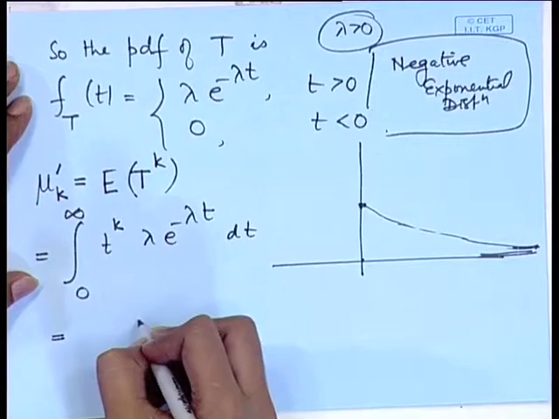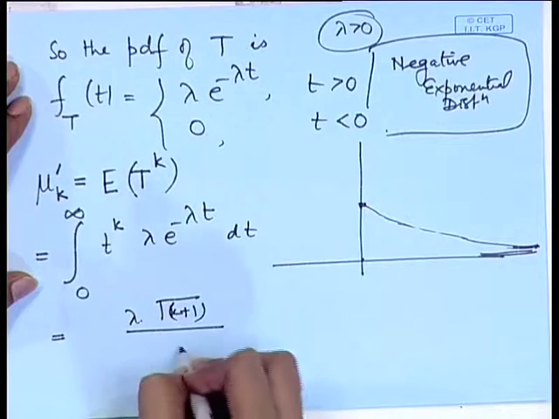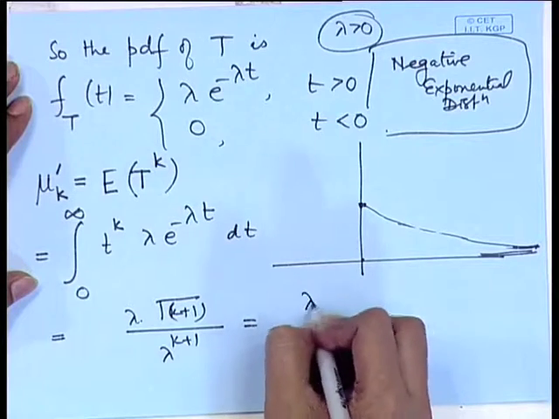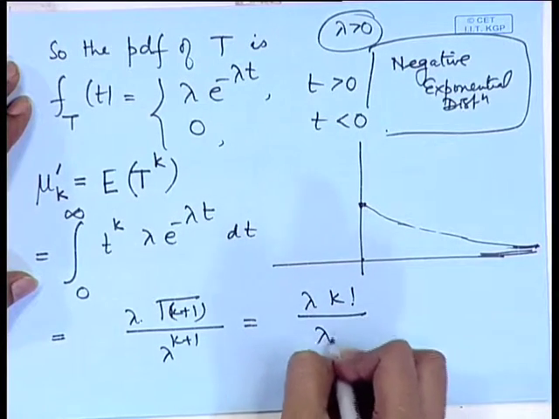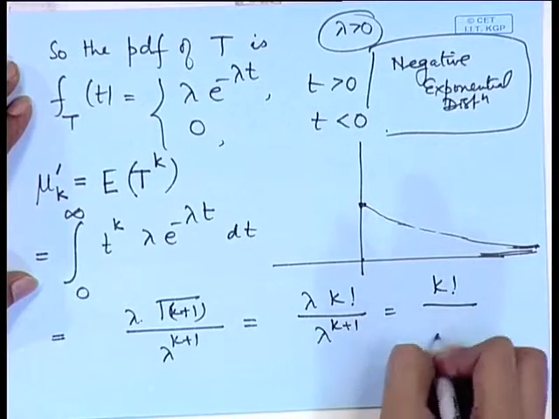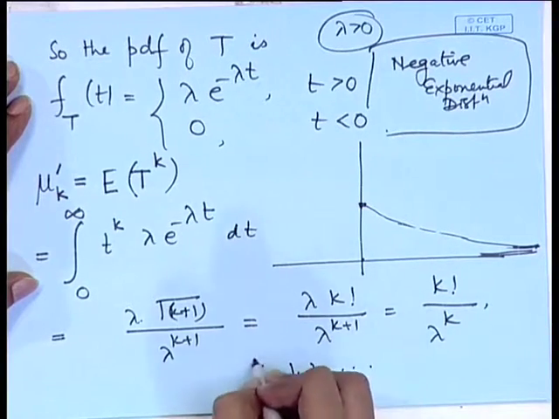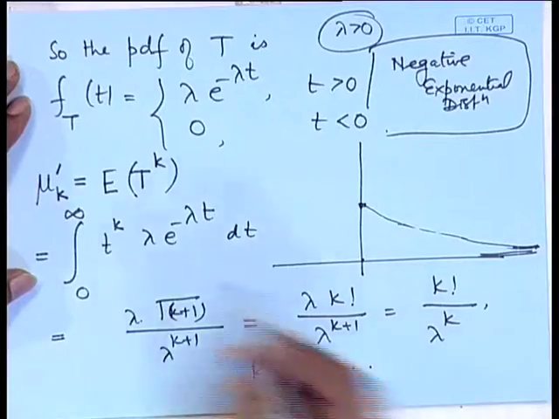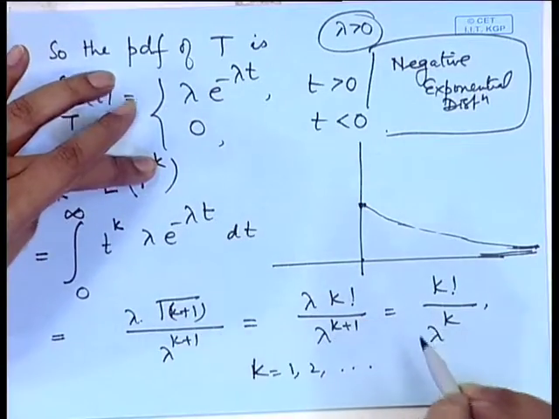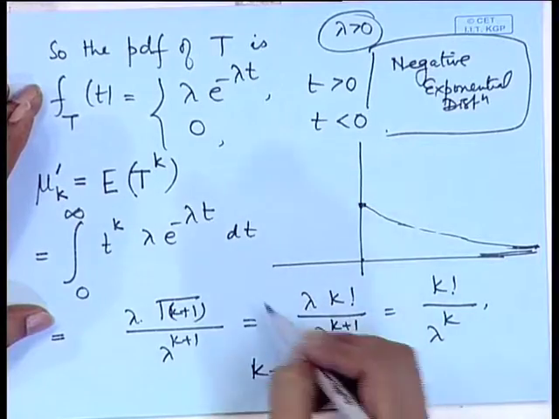So, this becomes lambda gamma(k plus 1) divided by lambda to the power k plus 1, which is equal to k factorial divided by lambda to the power k for k equal to 1, 2 and so on. Of course, if k was 0, then it was nothing but the integral of the density, which would have been 1. So, the moments of all positive order exist here.